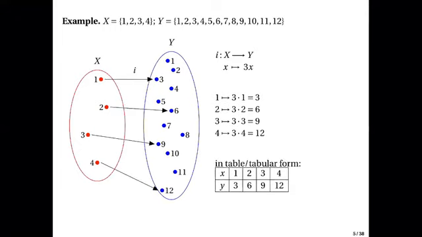And then let's have this relation. Still we have capital X, the set containing the numbers 1, 2, 3, and 4, and Y, the set containing numbers 1, 2, 3 until 12.